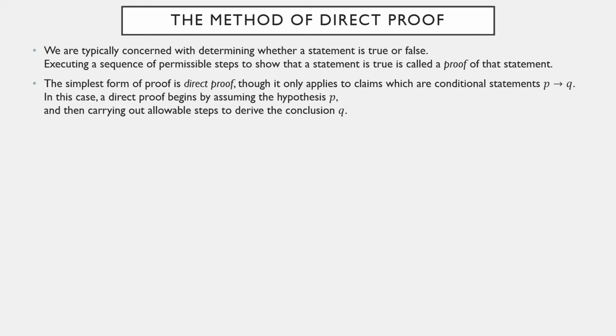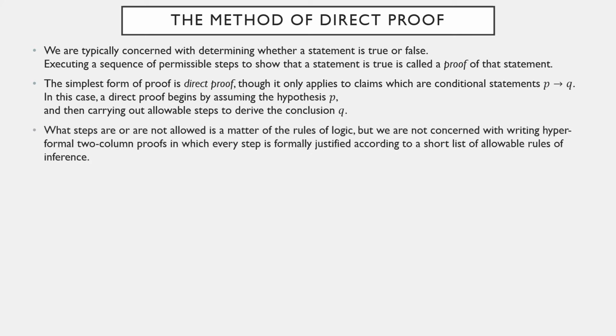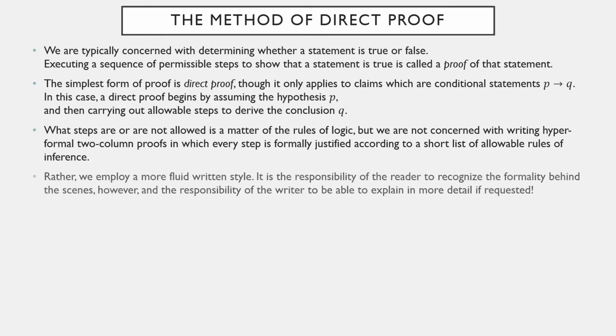That's a direct proof. Okay, what steps are or are not allowed is sort of a matter of logic. We're not concerned with writing very formal two-column proofs in which we formally list out every individual operation and every individual justification. That's really not done in practice. Rather, we're going to be doing kind of a fluid written style where we write sentences and make arguments.